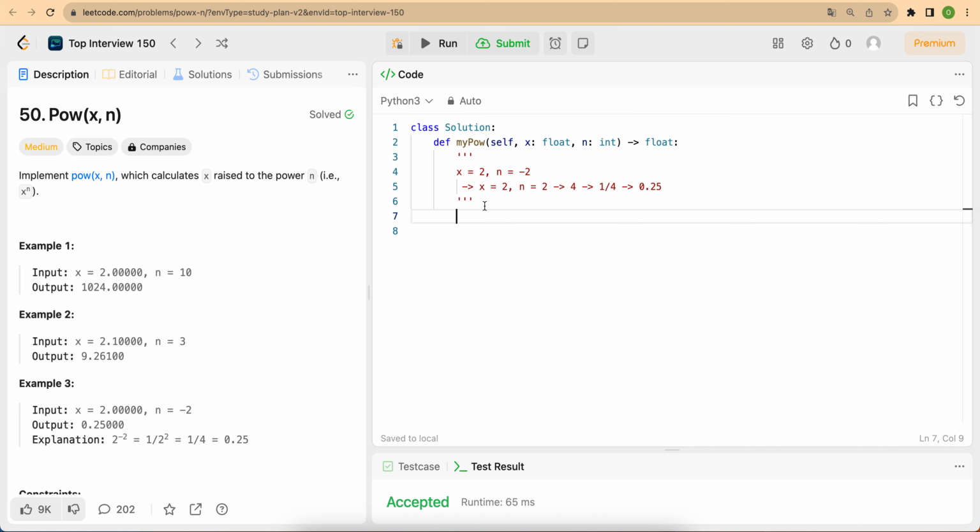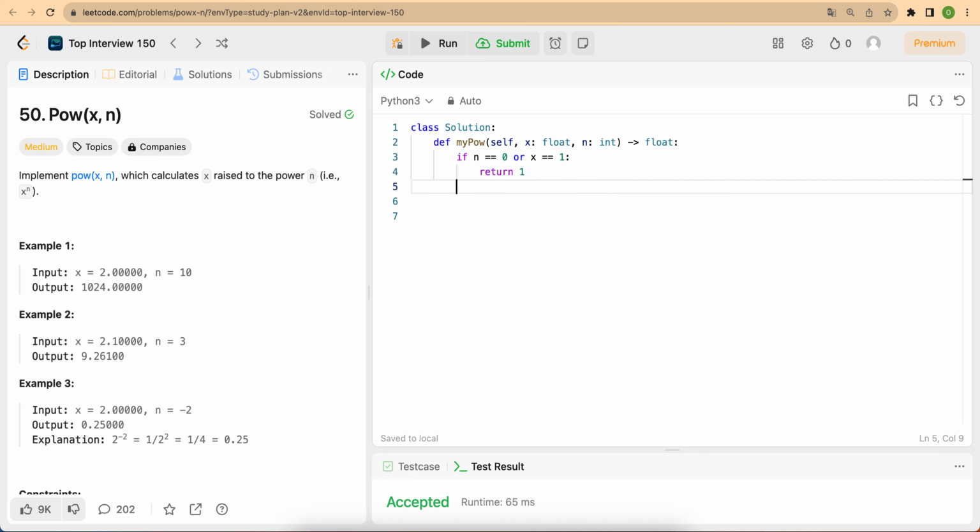So here, first of all, we need to consider several base cases, right? So if our n is equal to 0, we just return 1, right? Or our x is equal to 1, we can only return 1. So this is the first base case we need to consider.